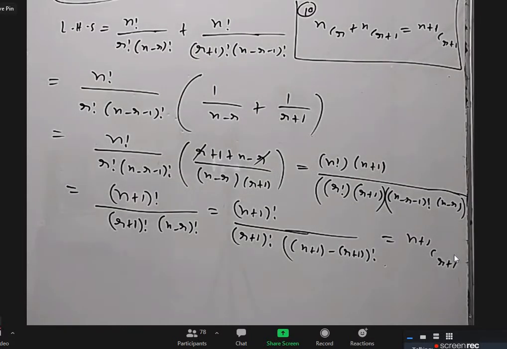Okay, I'll discuss another method for this. This is method 1. Anybody done a different way to prove this?